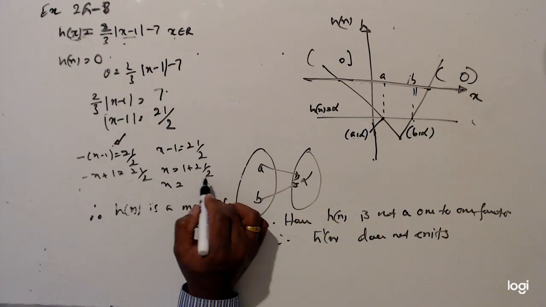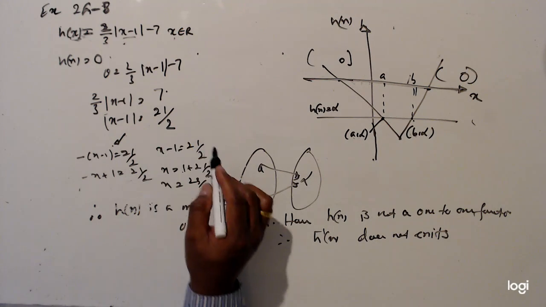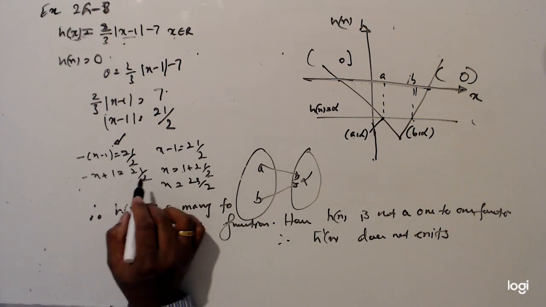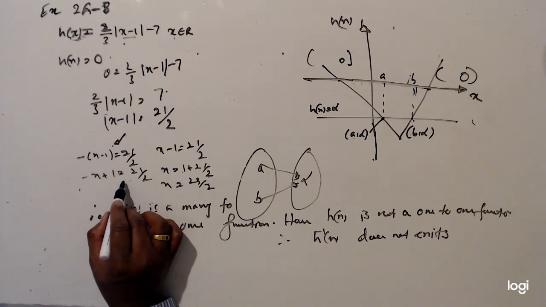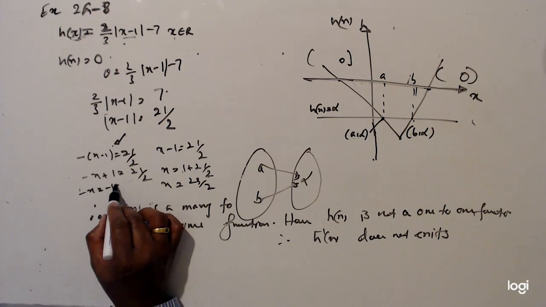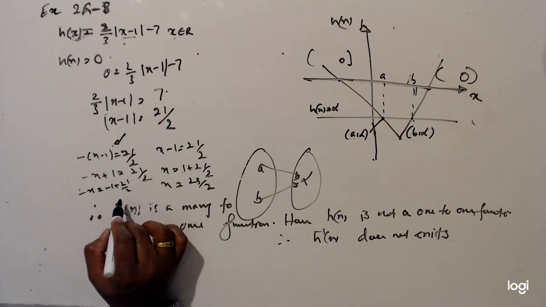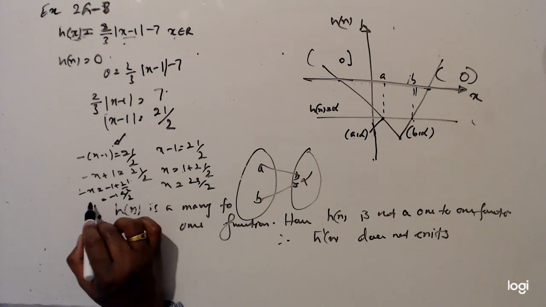So x equals 1 plus 21 over 2, so this is going to be 23 over 2, not 7 actually, it's 2. And then this is going to be minus (x minus 1) equals 21 over 2, that is minus 19 over 2.